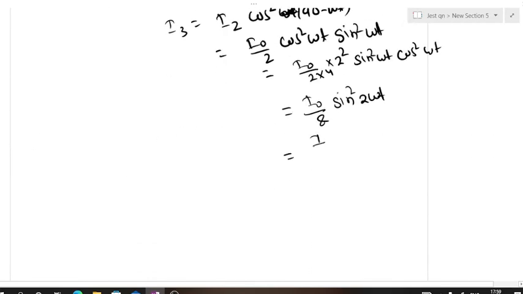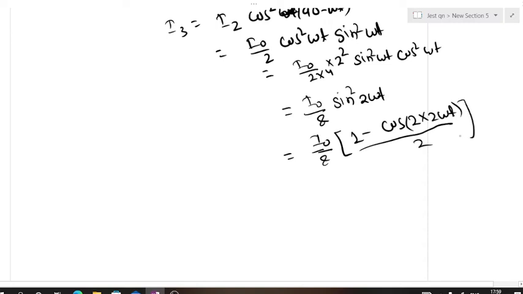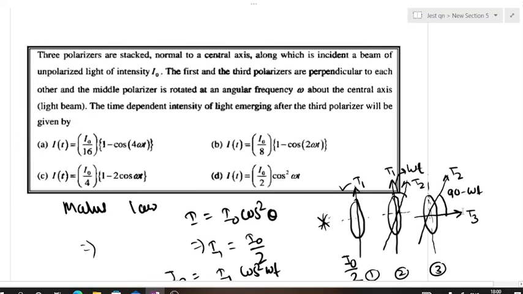That is I naught by 8, sin square theta is equal to 1 minus cos 2 theta divided by 2. So this is equal to I naught by 16, 1 minus cos 4 omega t. This is the answer. And this is option A.